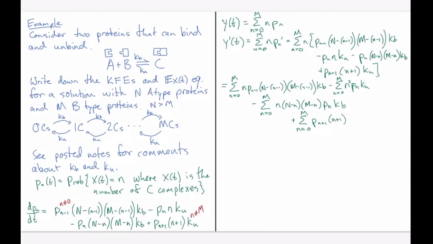Oh, I forgot the n in there, so it's multiplied by n from out front again, of the whole sum at the beginning here, this one here. And so let's see, Pn and then multiplied by K unbinding.